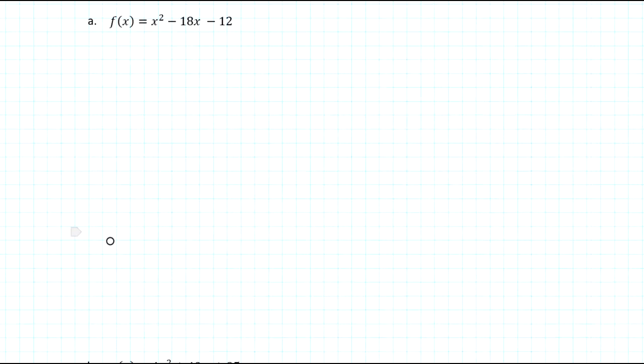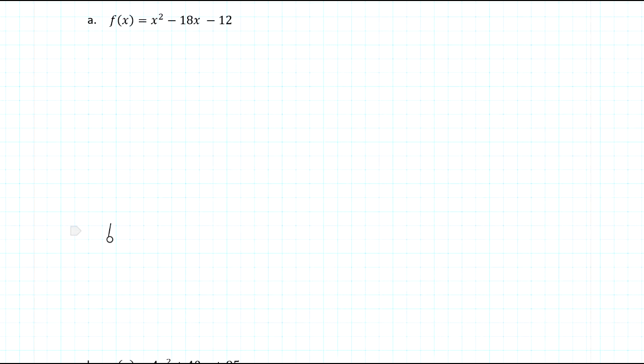We're going to start this off by completing the square in order to put it into vertex form. This first one's nice because the leading coefficient is 1, so I don't have to worry about an additional factoring step there, or brackets, or anything else that gets more messy than this. So I start by saying x minus 9. I take half of that minus 18 to get the minus 9 in there, and we square this.